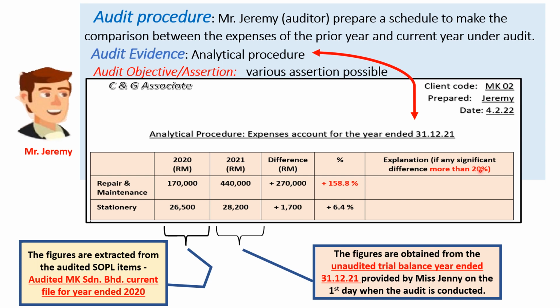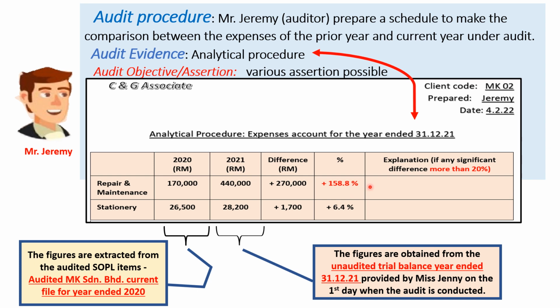The audit evidence here is what we call analytical procedure, where we investigate if there is any significant increase in the percentage of the respective expenses. The objective to be achieved here can be various, which will be followed up by other audit procedures.